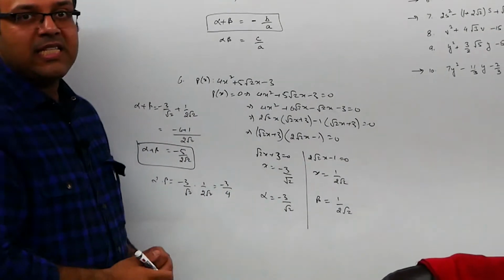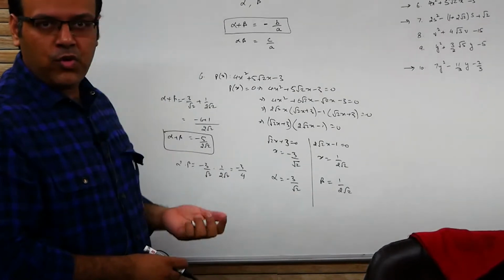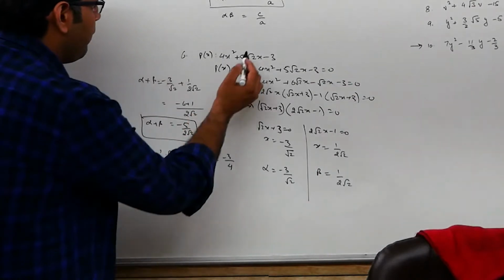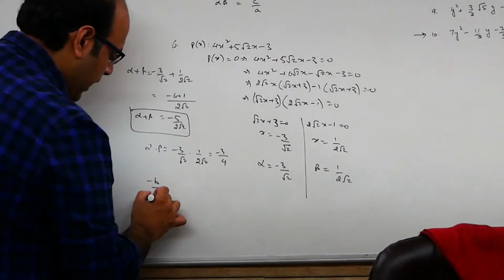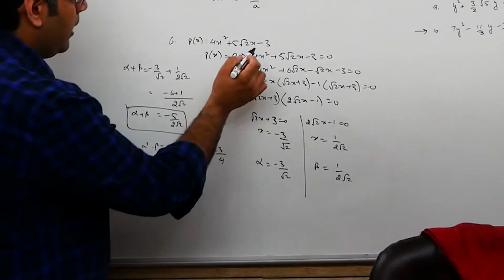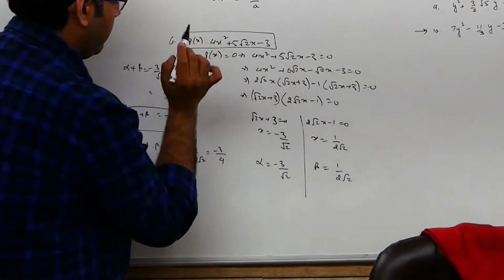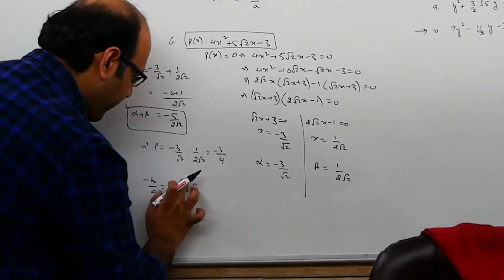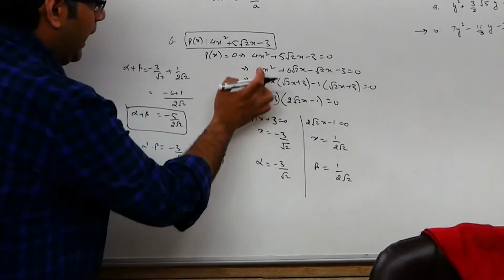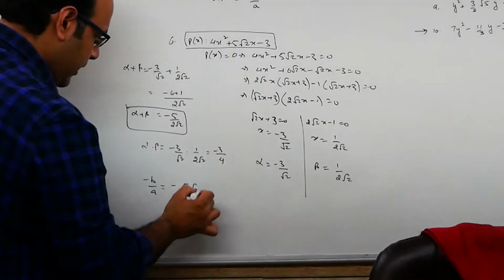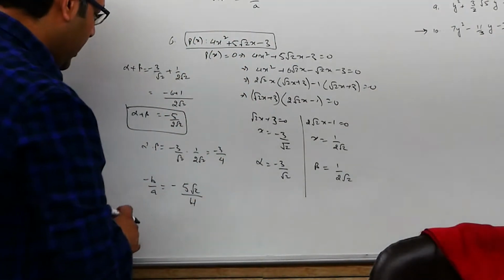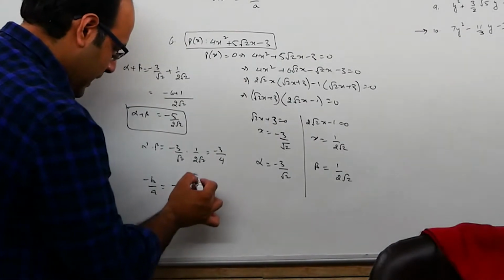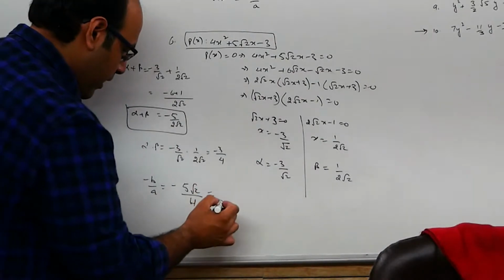Alright, let's see if the coefficients also verify the relation that I've already told you. So if I want to calculate negative b upon a, b from this particular polynomial is 5 root 2, so this is negative 5 root 2 upon a, and a is 4. I can cancel root 2 and 4.